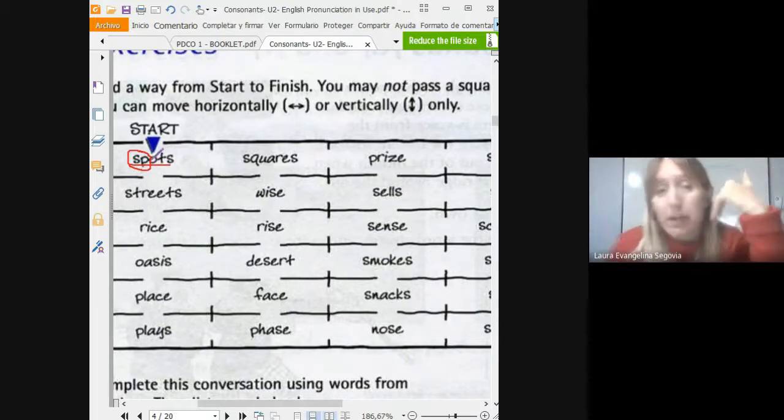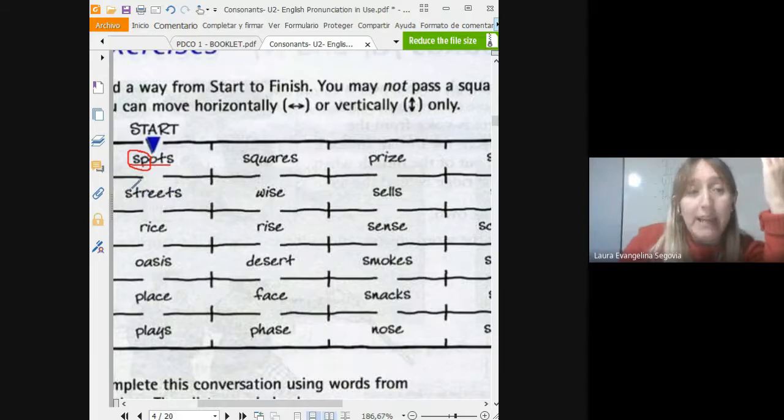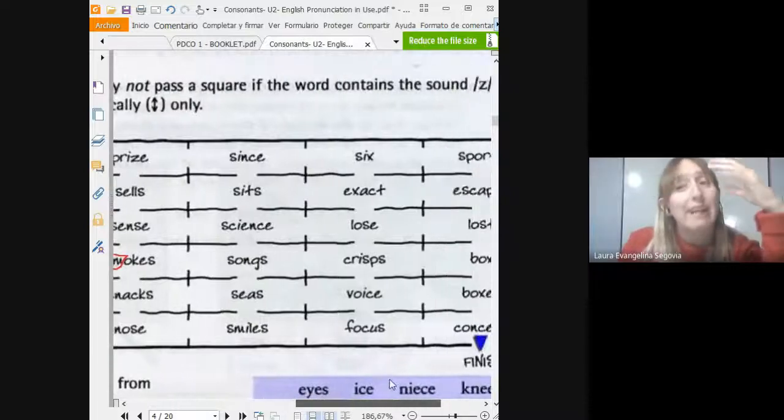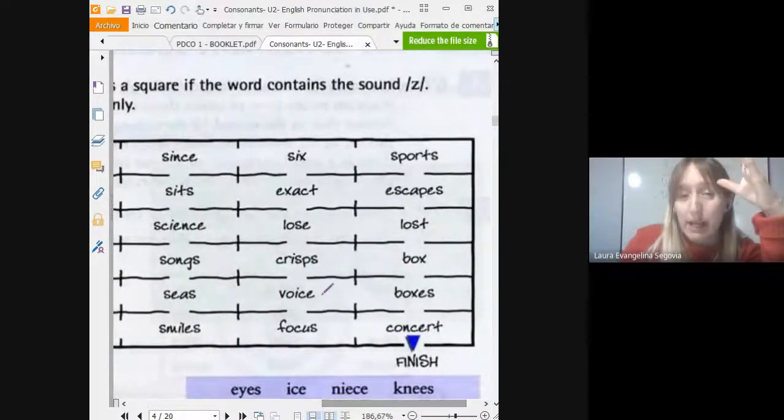For example, streets, you have three consonants here. And here you have smoke, you have an sm. Those are consonant clusters starting with s sound, and they have special characteristics.